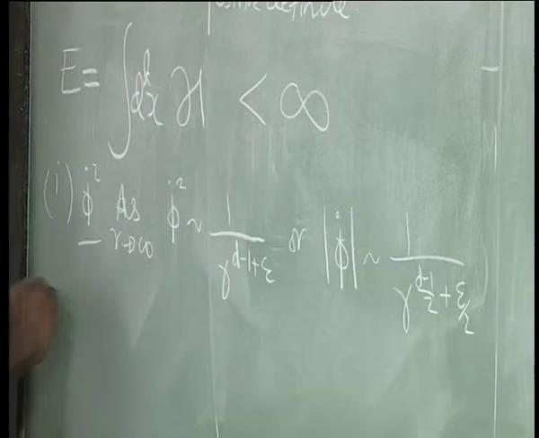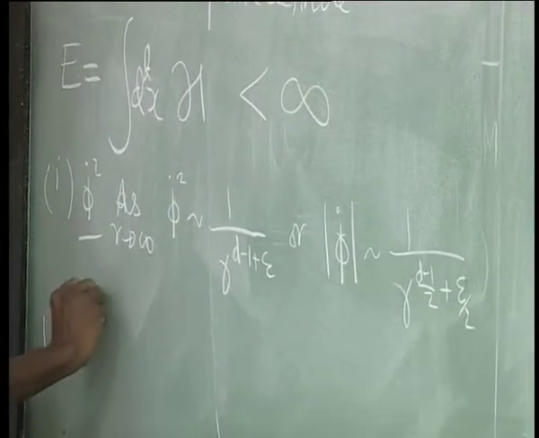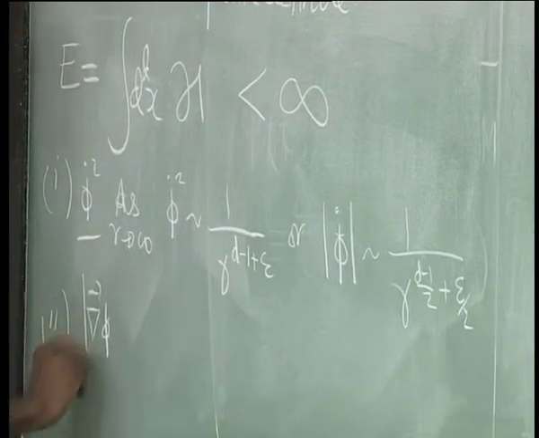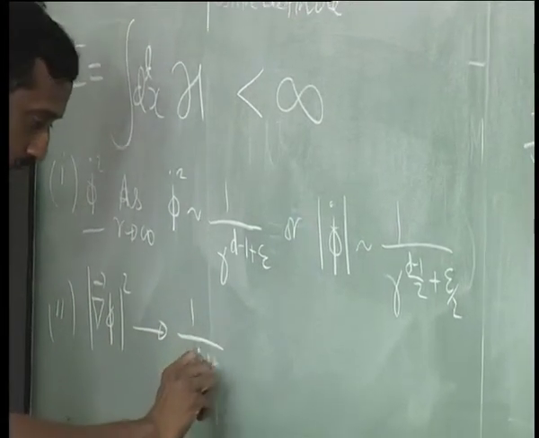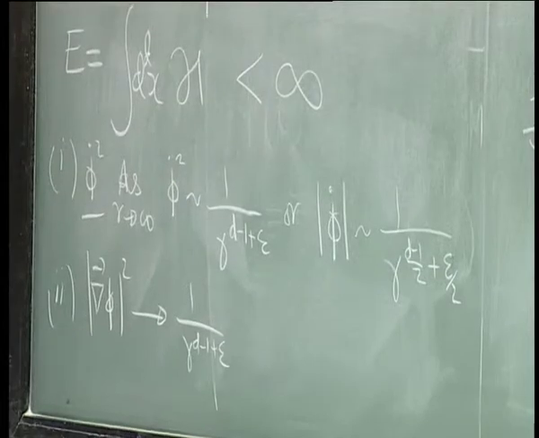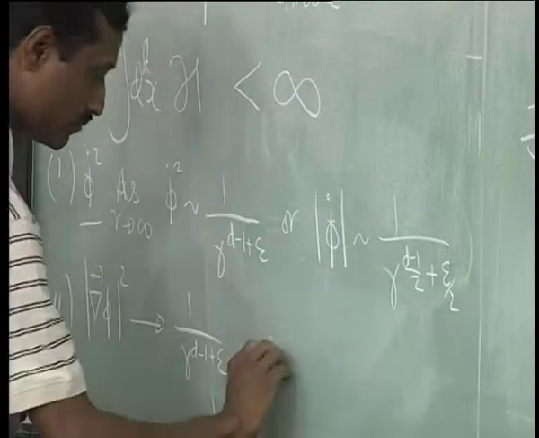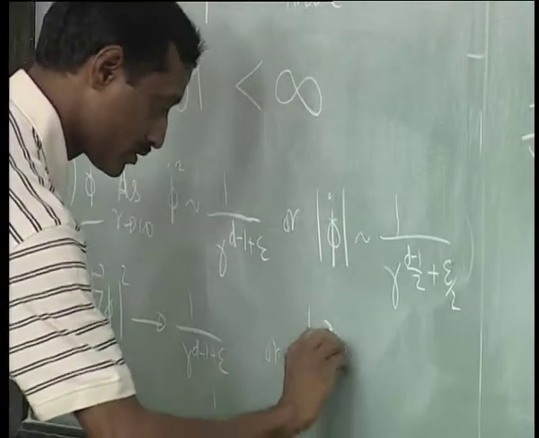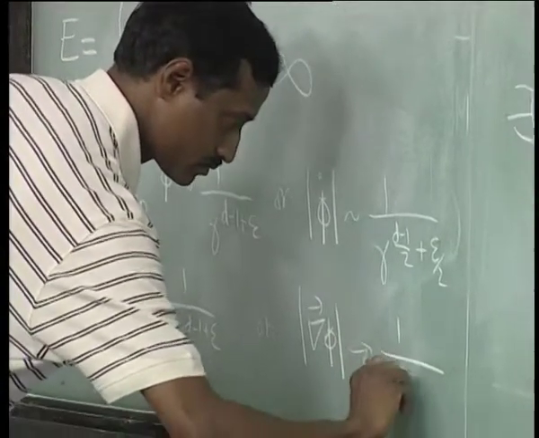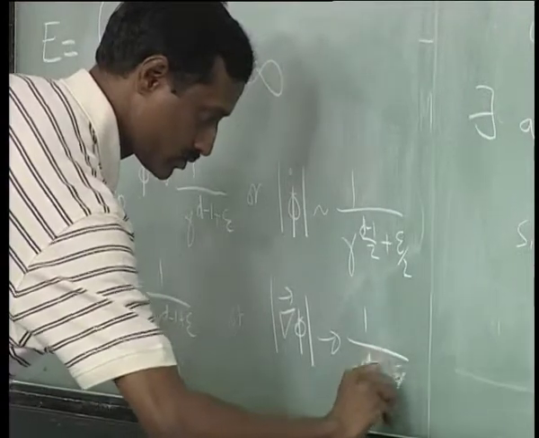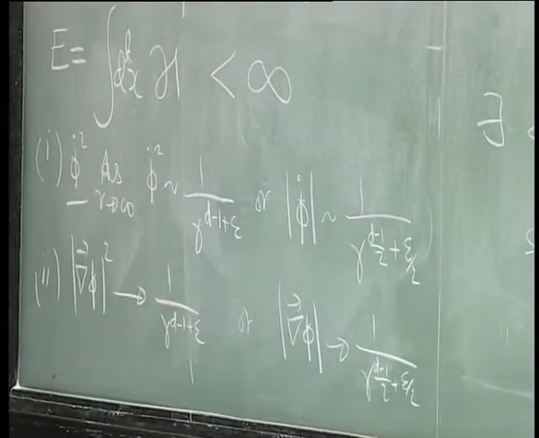Similarly, the gradient of phi squared should fall off similarly.